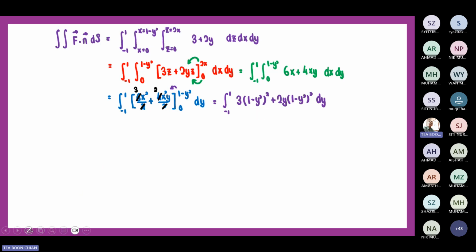So in the end, this string of equation will become quite long and lengthy, so pay some patience to actually work them out. In the end, 3 in the bracket, 1 minus 2y squared plus y power 4, plus 2y, same goes here, 1 minus 2y squared plus y power 4, with respect to y.